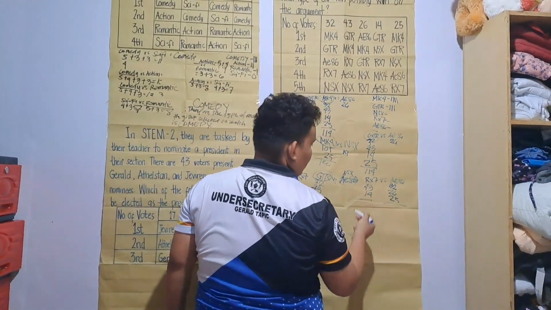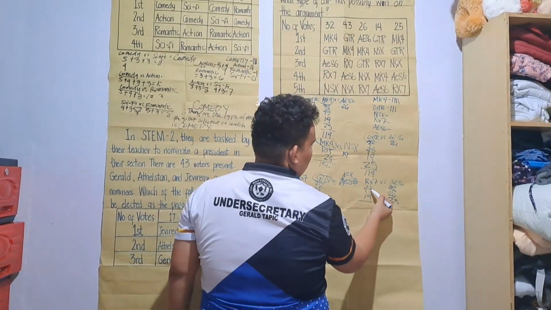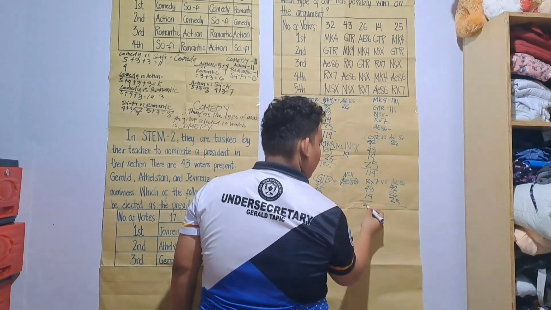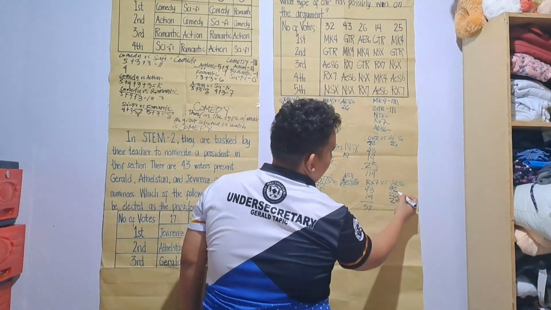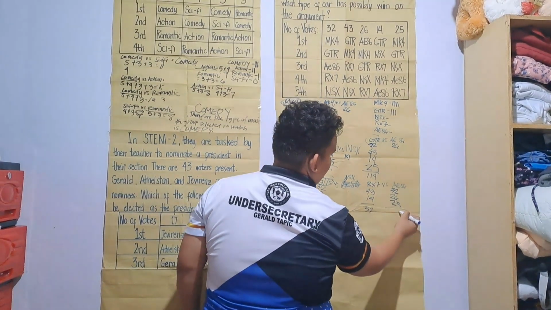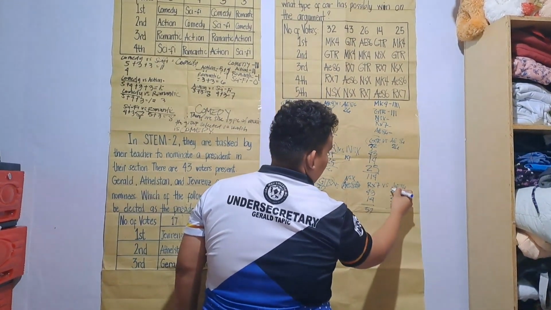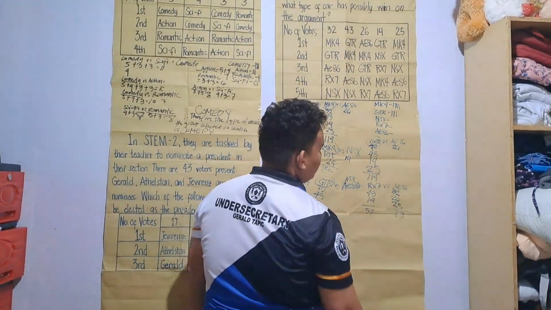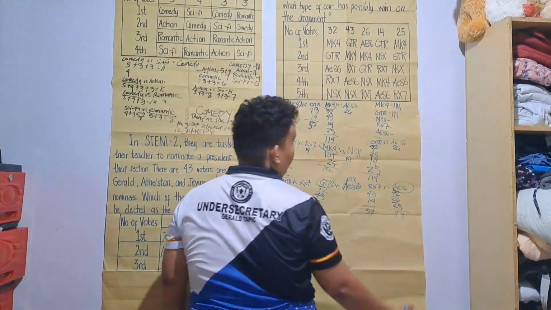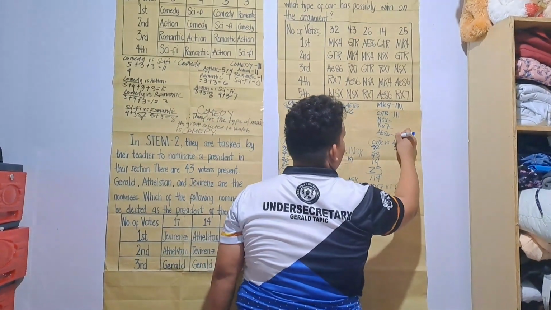So, i-plus natin to, 43 plus 14, 57, 26, 83, 53. So the winner is AE86. AE86 has 1 point now.